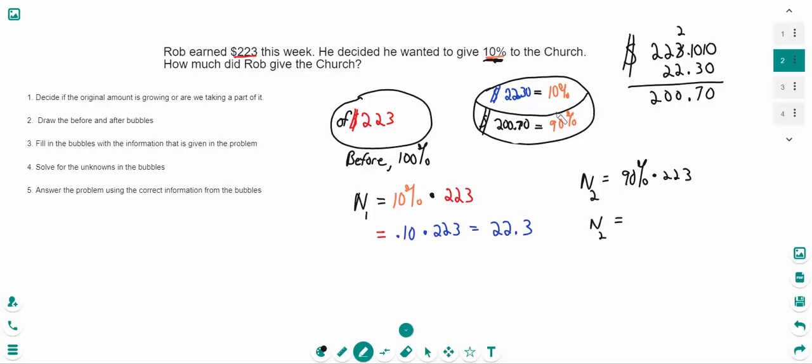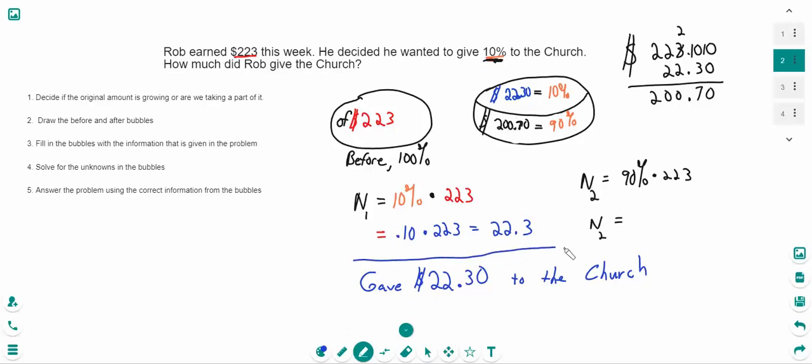And to know that, we look at our diagram, and the answer is $22.30. So he gave $22.30 to the church. Boom. There it is.